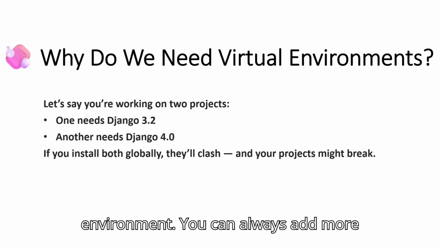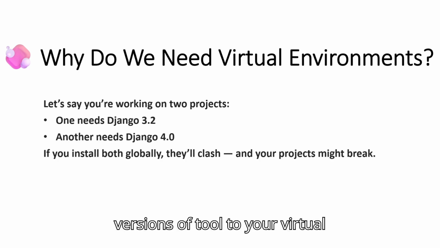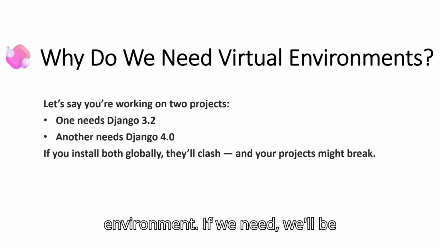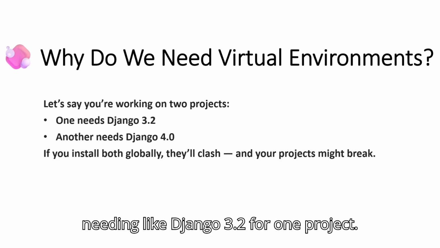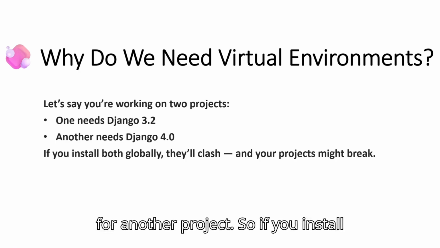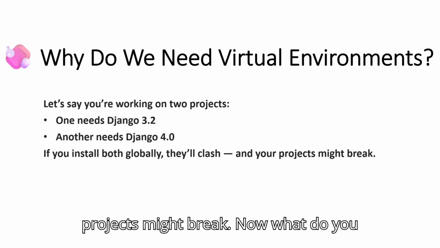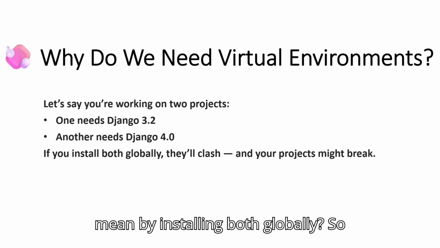You can always add more tools to either of these, or different versions of a tool to your virtual environment. Say we need Django 3.2 for one project and Django 4.1 or 4.0 for another project. If you install them globally, they'll clash and your projects might break. Now, what do you mean by installing globally?